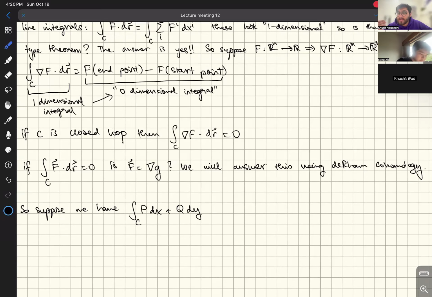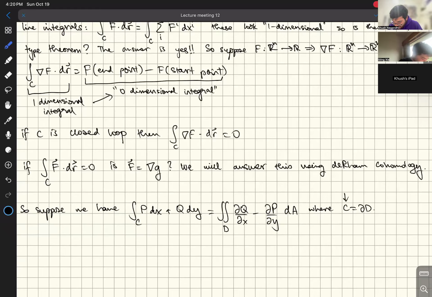If p and q are C1, then instead of integrating over this loop, we can integrate over the surface it encapsulates. So it turns out that this integral is the same thing as the integral over a surface D of this object right here, where C equals the boundary of D.